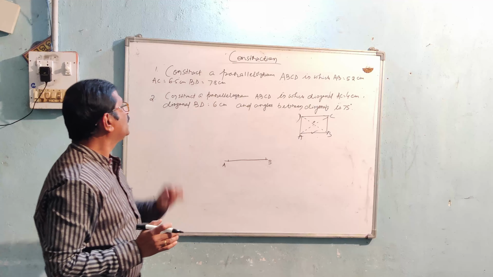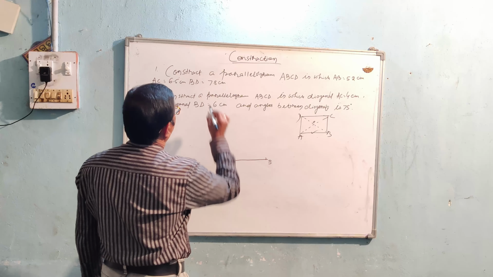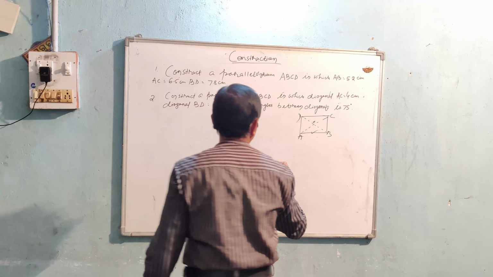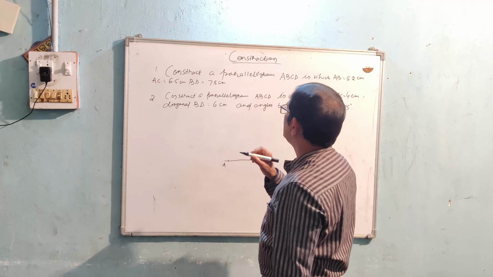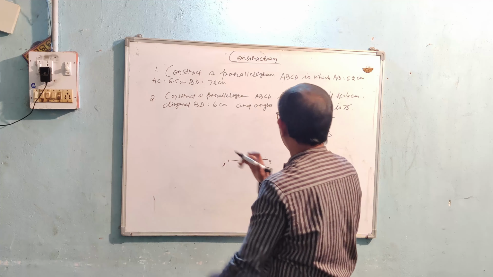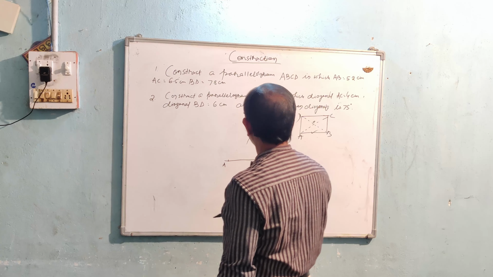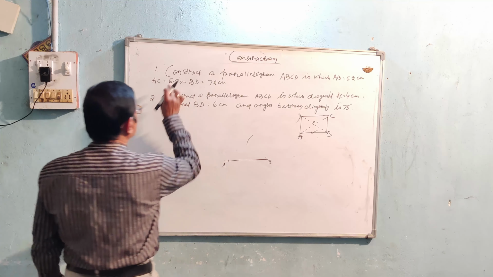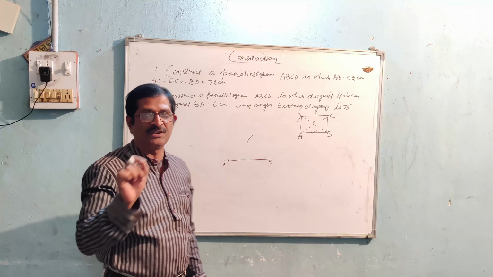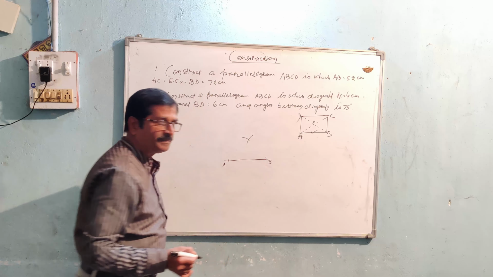Suppose 7.8 is given, so from the B end you take half of 7.8, which is 3.9, and draw an arc. Similarly you take half of 6.5 and draw another arc.